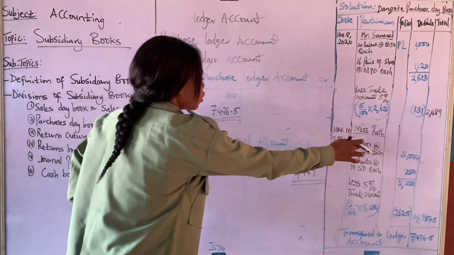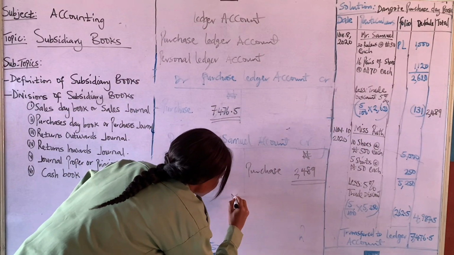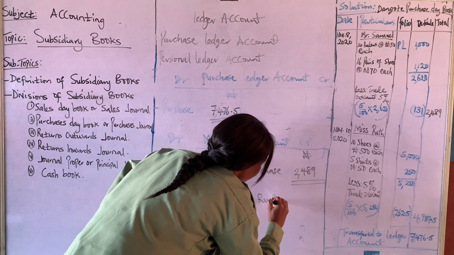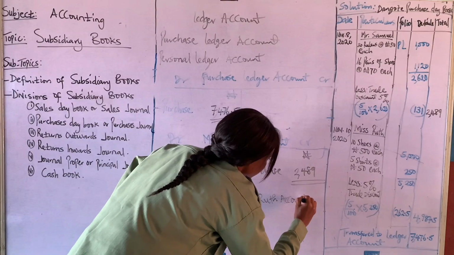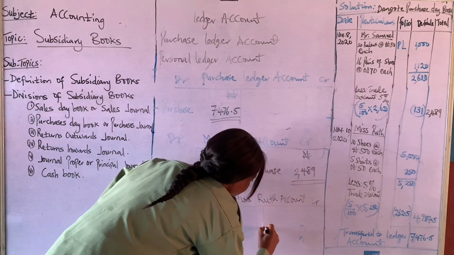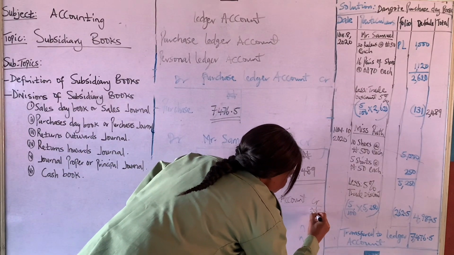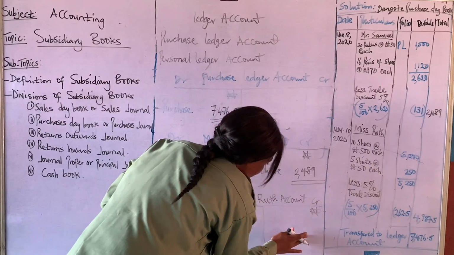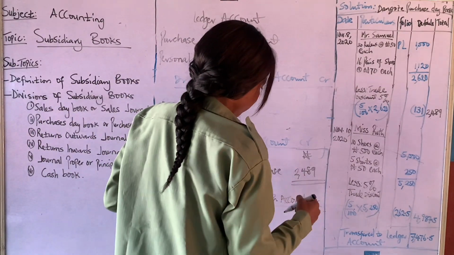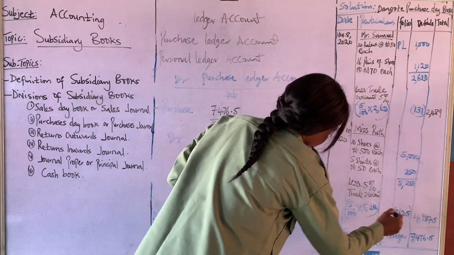That's another personal ledger account, which is Miss Ruth. Miss Ruth account. We have the credit. Use the T format, the credit and the debit. Okay, and we are going to credit this account because it gives out value according to the principle. So the amount we have here is 4,000.